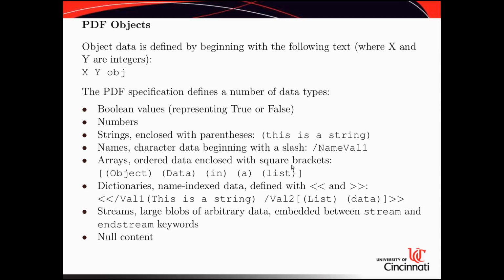They probably had a valuable reason for doing it this way, so they have some deviation from your normal convention. So names are character data beginning with a slash. This has a distinction between strings and just named objects or named entities, almost like enumerations.